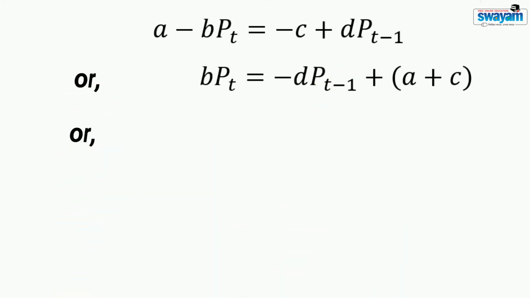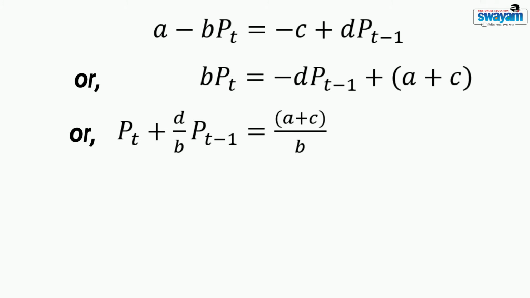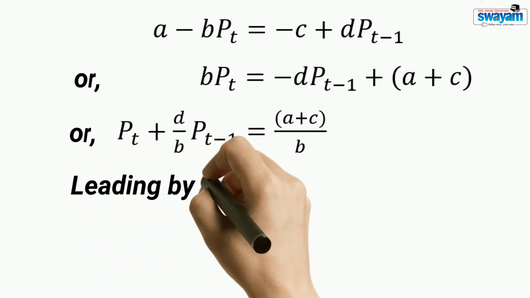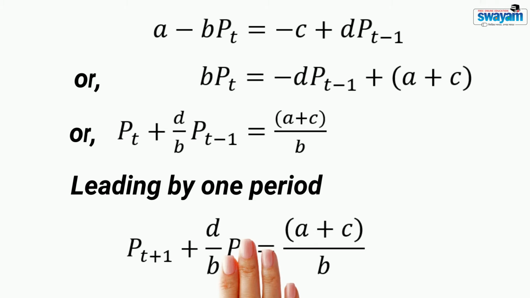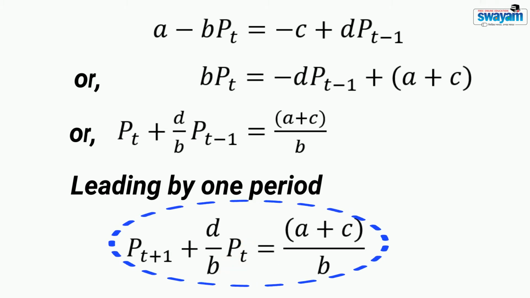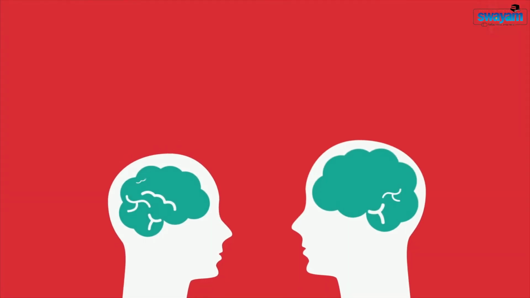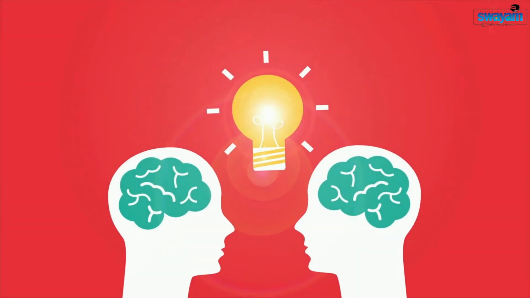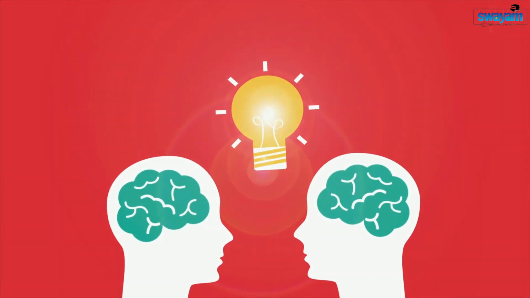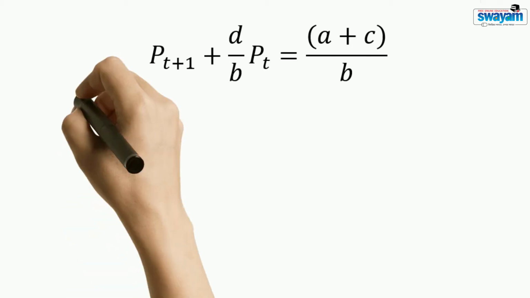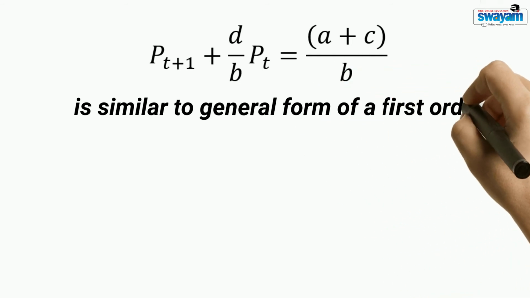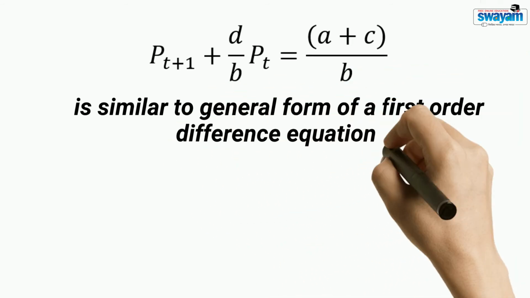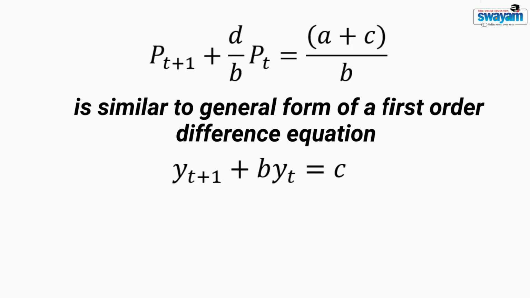Now, considering a future period t plus 1, this equation becomes like this. Can you relate this equation to any form of equation you learned earlier? If you can recollect, this equation is similar to the general structure of a first order difference equation.